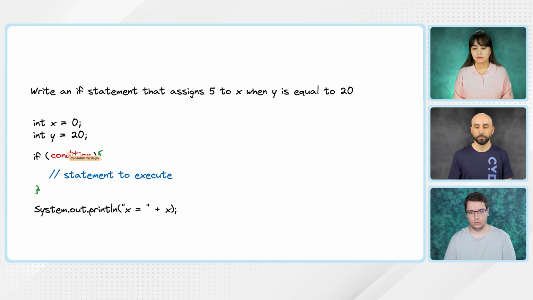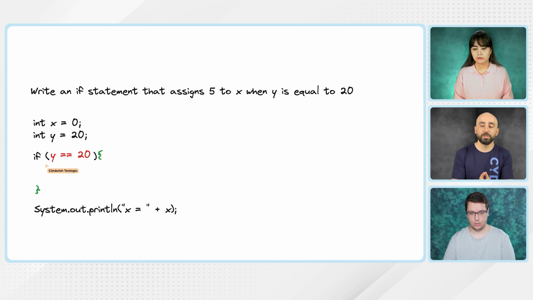So the condition should be here: y is equal to 20. That's the thing I need to check. And what I'm going to do if y is equal to 20 is the second part, which is the statement to execute. So I'm going to change this one to, let me do it.